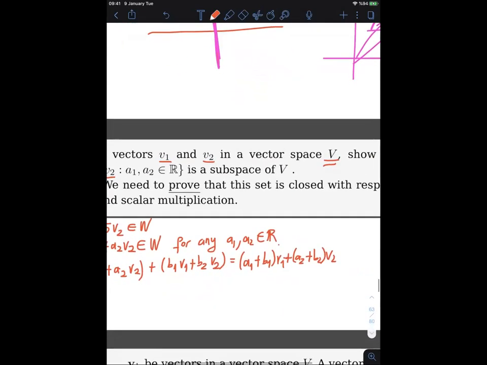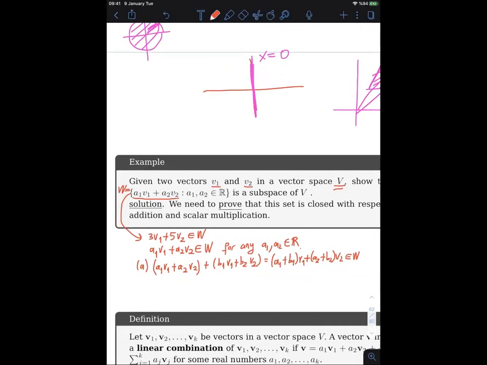Why is it still of the same form? Because to be in this set requires the vectors in this set to be of this form: a number times v1 plus a number times v2. So whatever these numbers are, this is in W. So this is an element of W. So the first condition is satisfied. And let's look at the second condition.